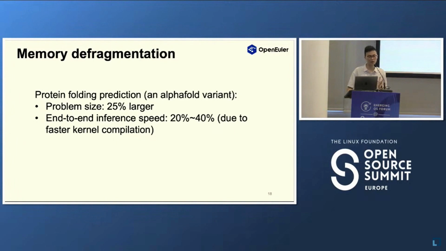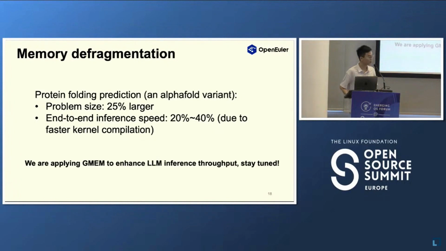It's simply defragmenting memory. The end-to-end inference speed is also improved, which is kind of surprising. We found that this is because it takes a lot of time to compile the accelerator kernels, so with more memory, this part is accelerated. We're also applying GMEM to enhance large language model inference throughput, so stay tuned for future results.